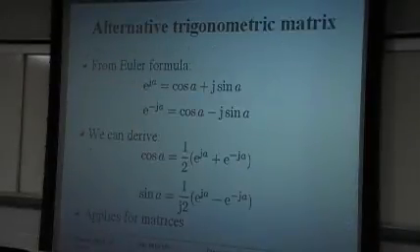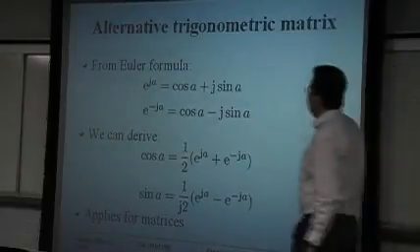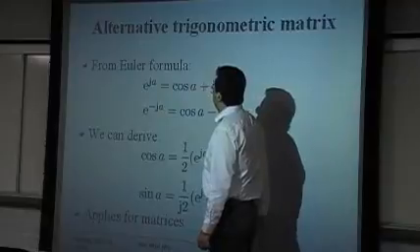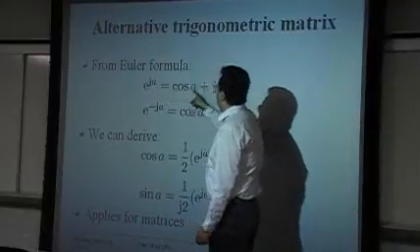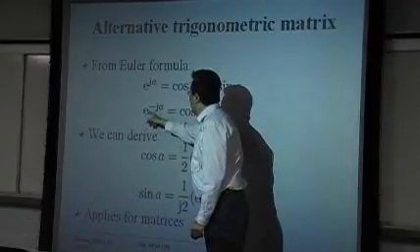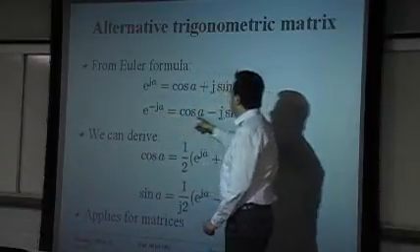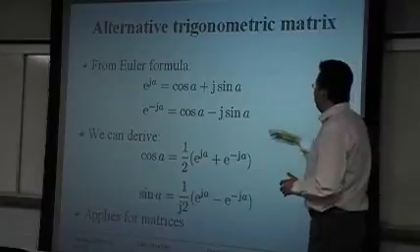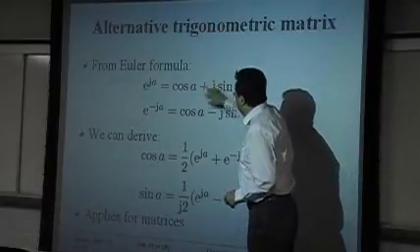Now let's consider the famous Euler formula. For e to the power of jA, we have this formula. And for e to the power of minus jA, we have this formula. We add them together, and this term will be cancelled.